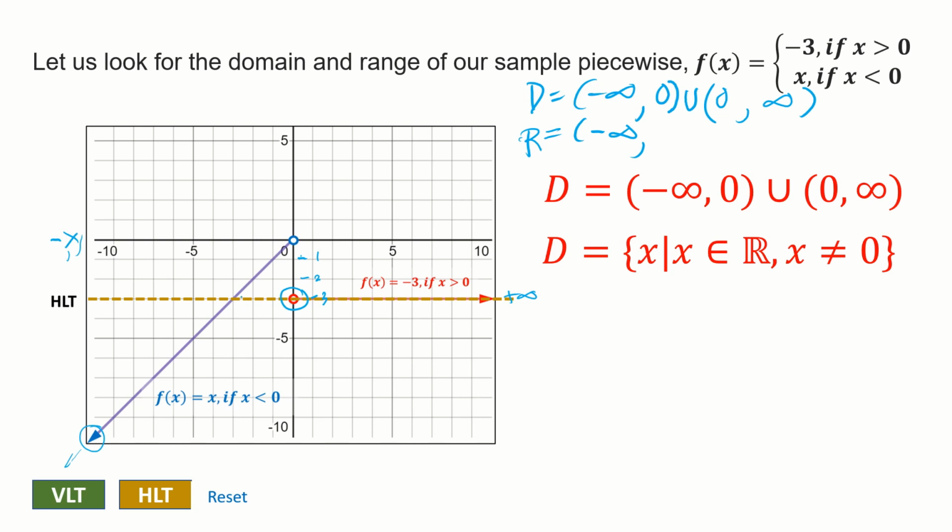However, if we look at our other subfunction, f of x is equal to x, there is no hole. So negative 3 is included in one of the subfunctions. Therefore, it is included in the main function. So we don't need to write the break here at negative 3. So let's remove this one.